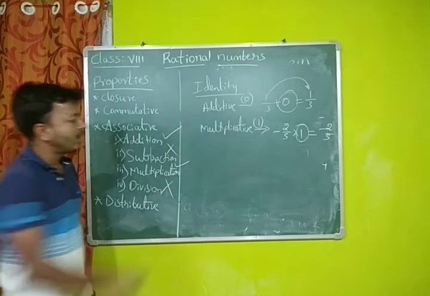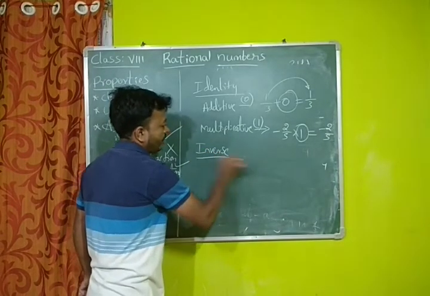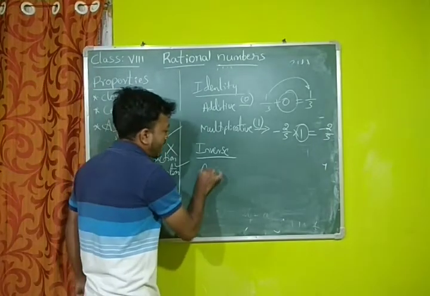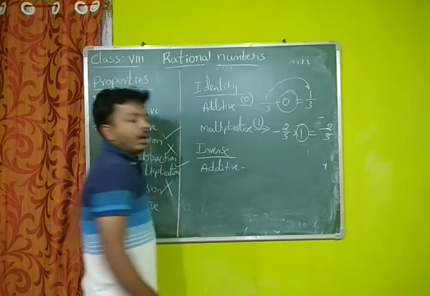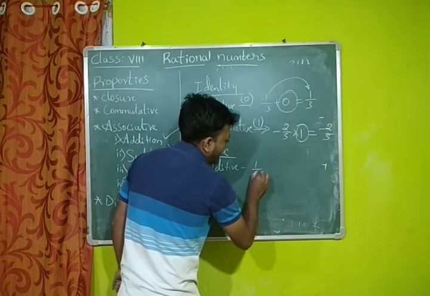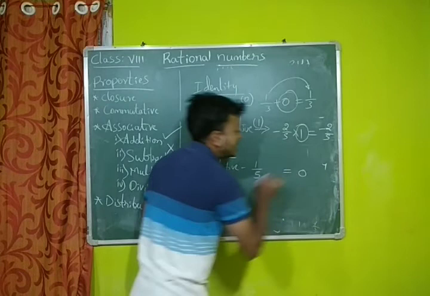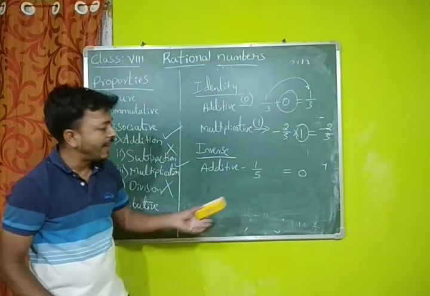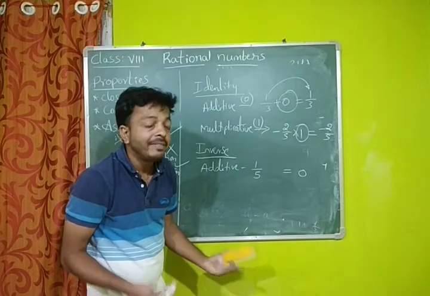Now come to the inverse, the opposite. Additive inverse: if they give the number 1 upon 5, we need the answer 0. Which number should we add?